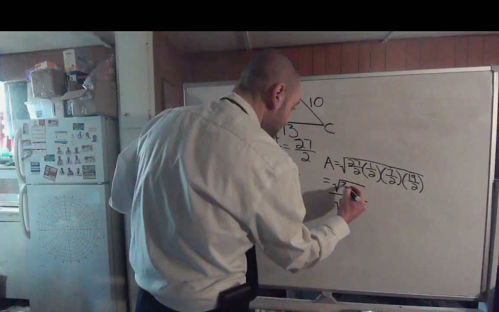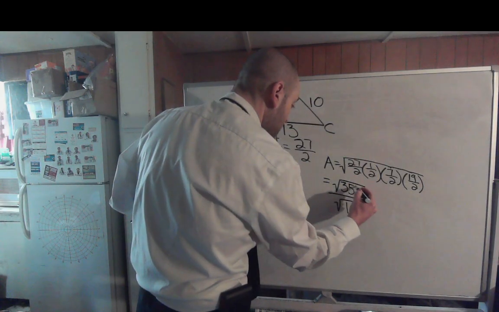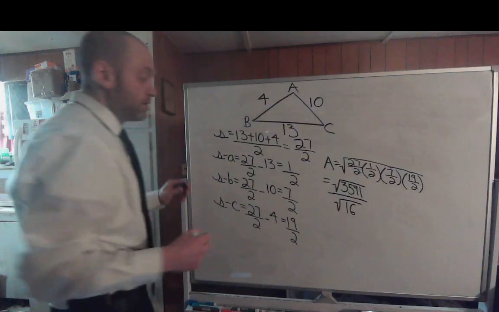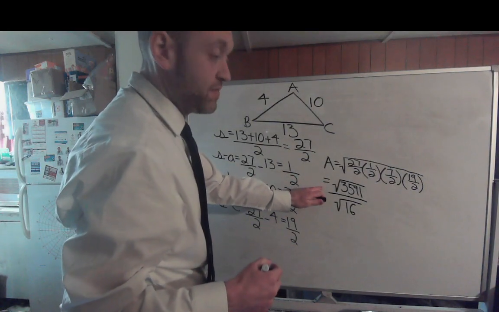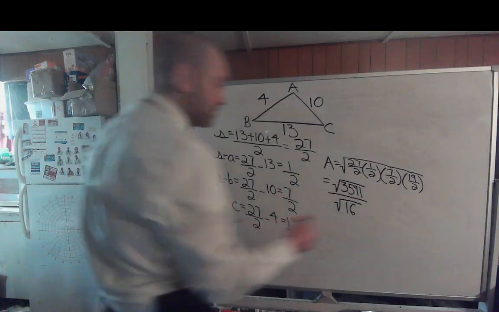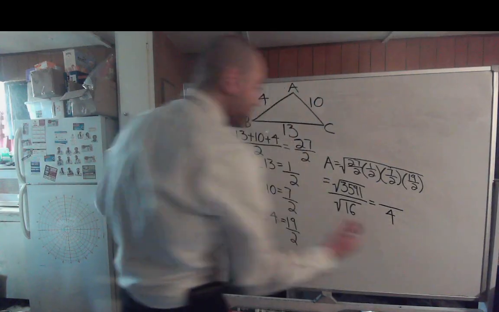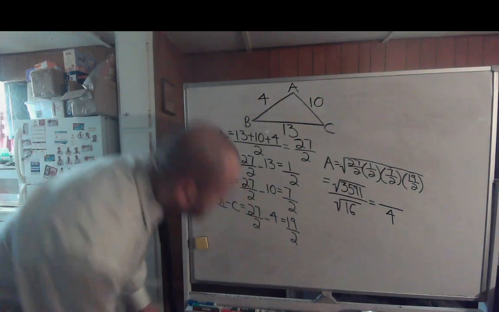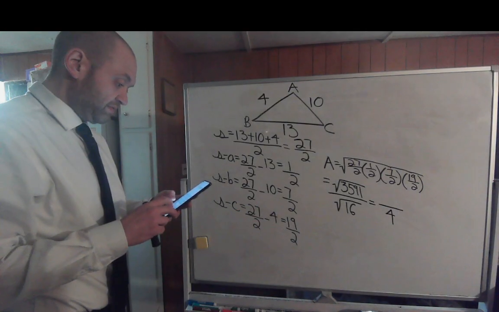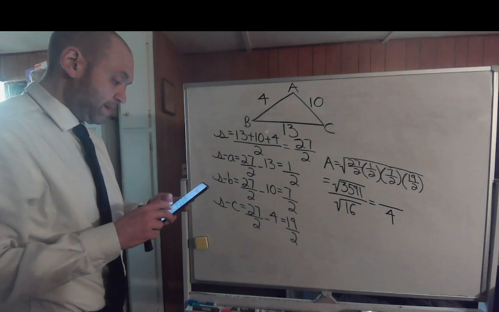3,591. So we have the square root of 3,591 over the square root of 16, which we know that denominator will turn into 4. But let's see if we can simplify 3,591 any further.